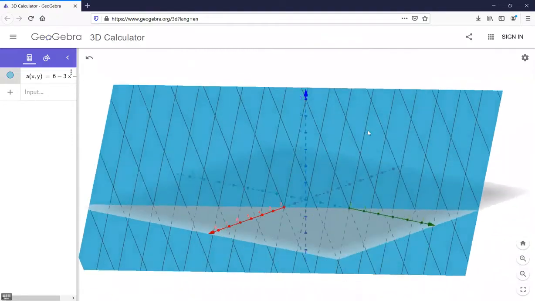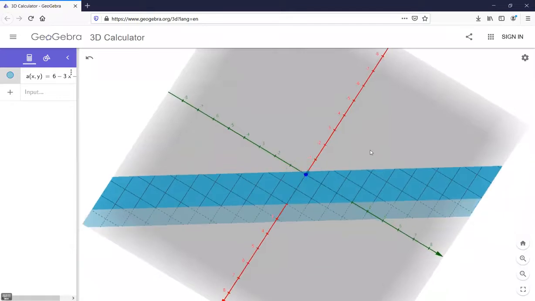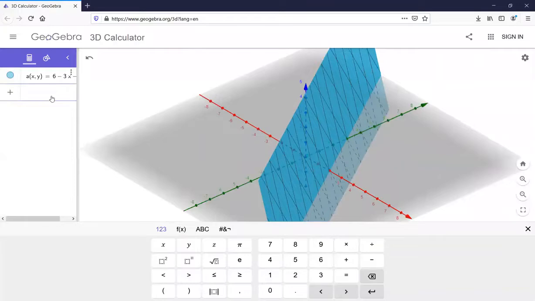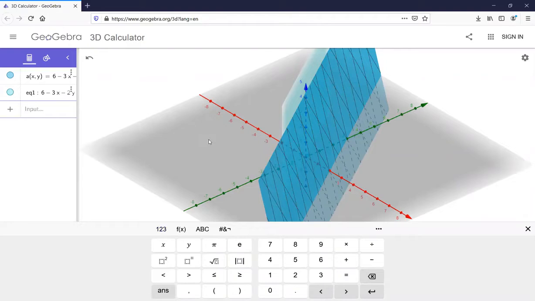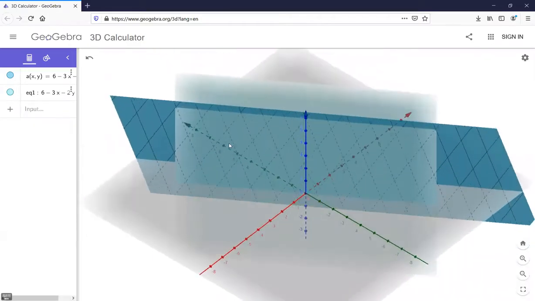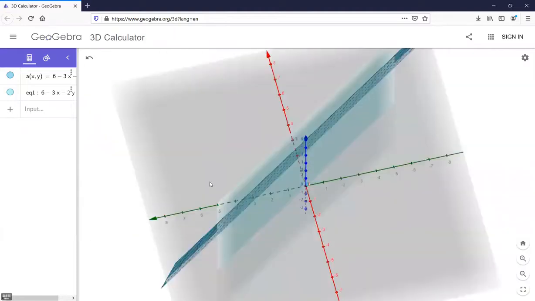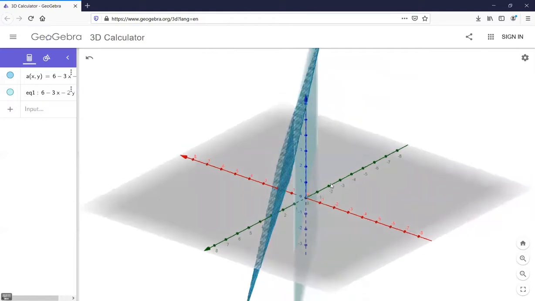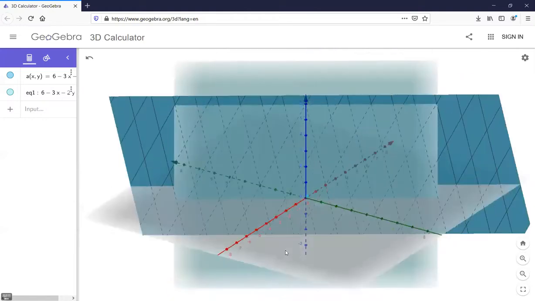Those level curves are just some lines. It gives us the projection in the xy plane, and as you saw on the board, those are just some lines.